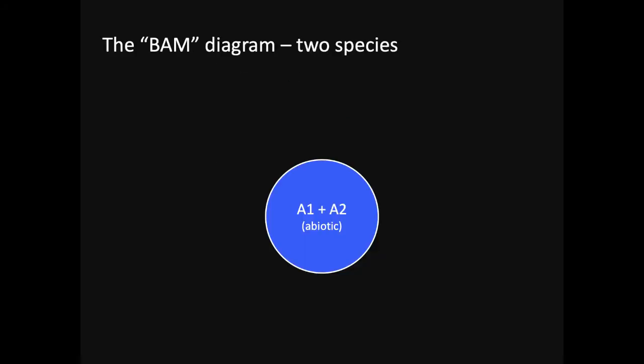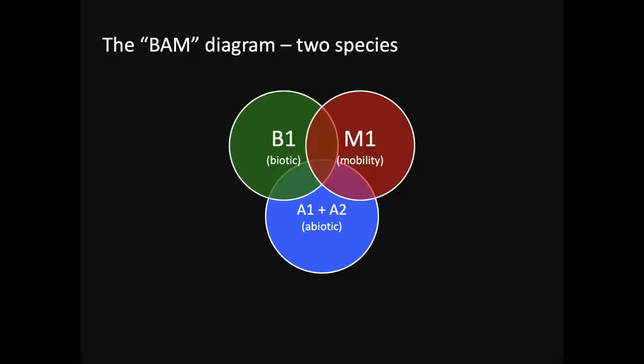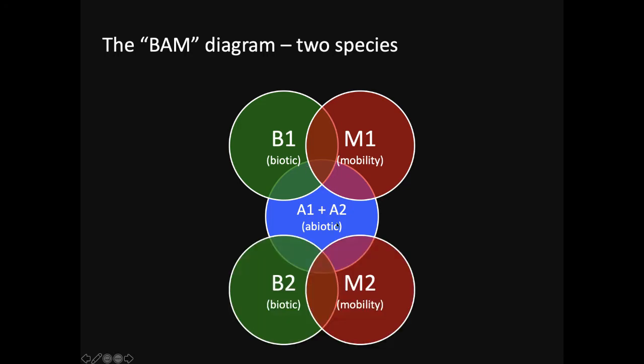Well, that's interesting from a niche evolution point of view, but it's also potentially an extremely valuable piece of information because one of those two species will have some biotic interactions and a dispersal limitation that restrict it to a subset of its abiotic niche, and that other species may have a very different set of biotic interactions and dispersal limitations that limit it to a different subset of the abiotic niche.